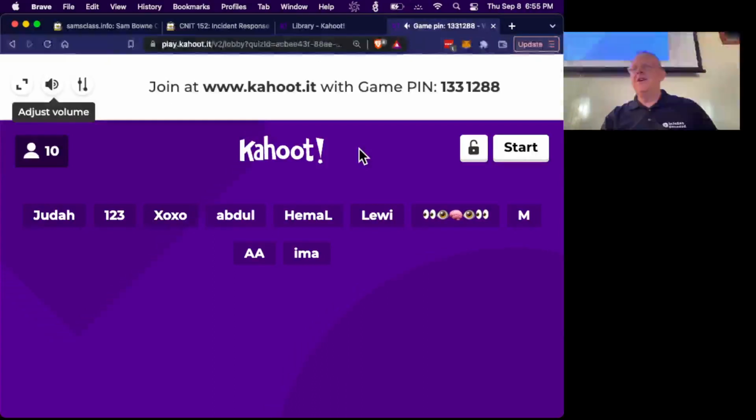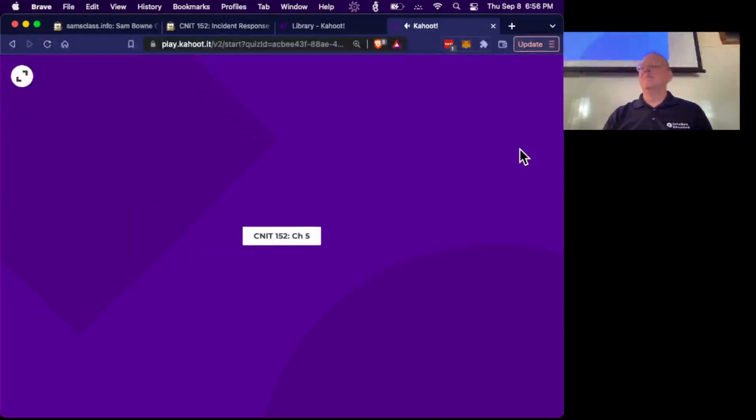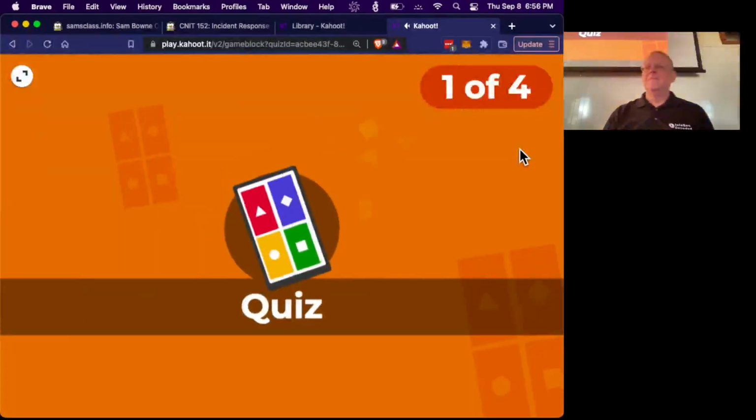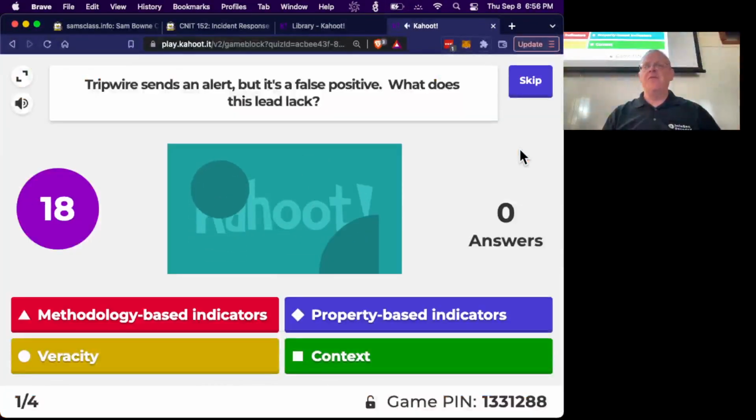I'll give it a few more seconds. All right, so Tripwire sends an alert. Tripwire is software that detects changes in files.